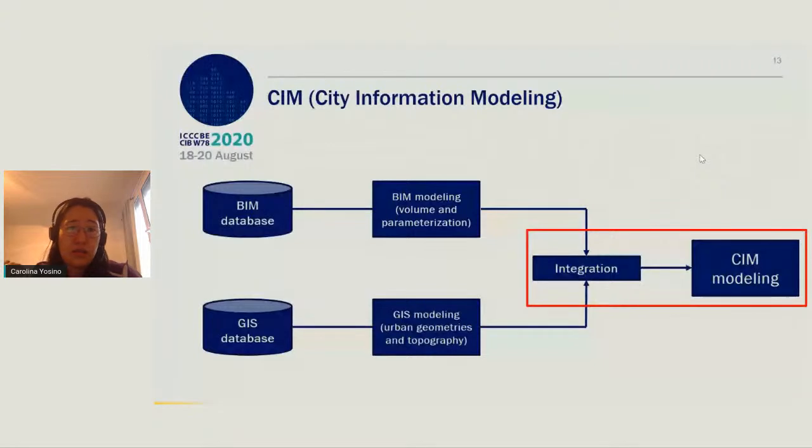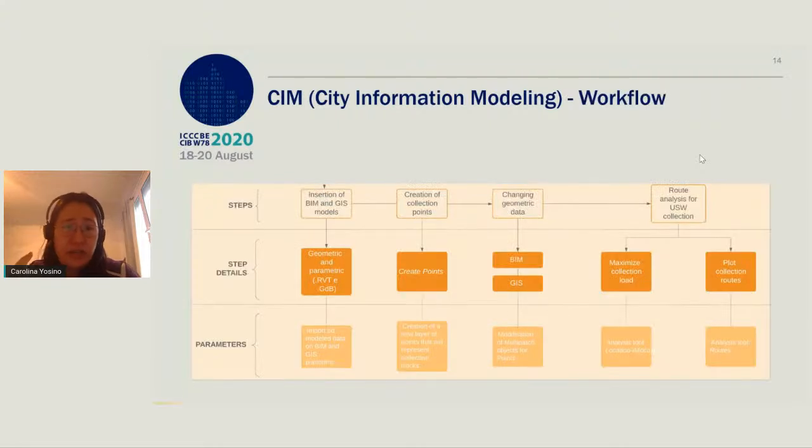And finally, the last stage of the modeling is the integration of all the data for the joint analysis for the construction of a CIM model. This stage has four main steps. The first step is the insertion of the previously made BIM and GIS models. The second is the collection points creation.